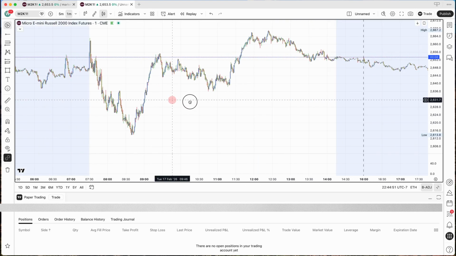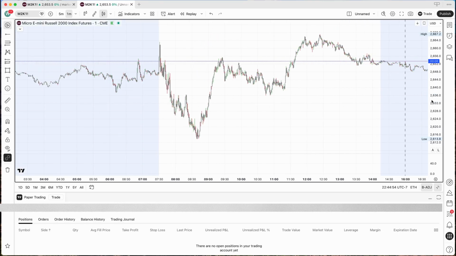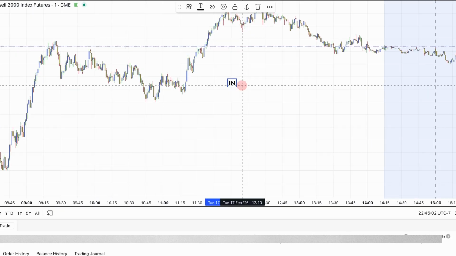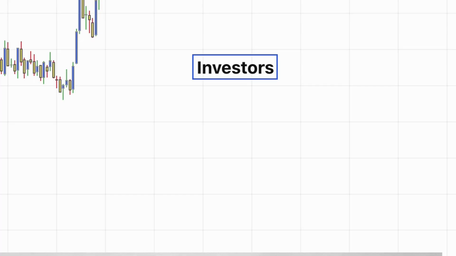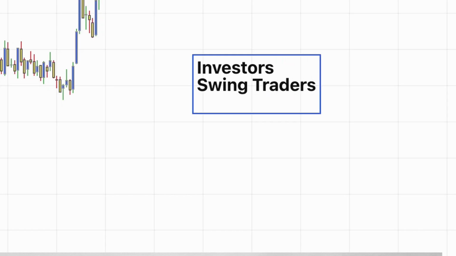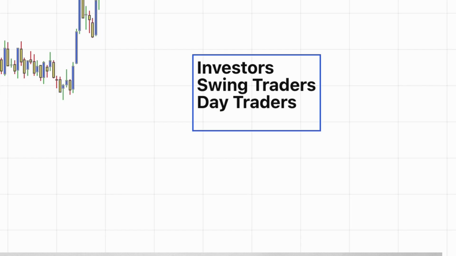Anyway, those are the categories, and I'll put them up here again for you. Investors, we have swing traders, we have day traders, and we have scalpers.